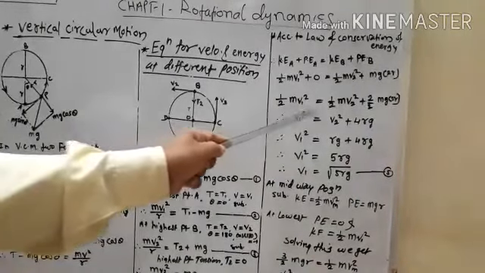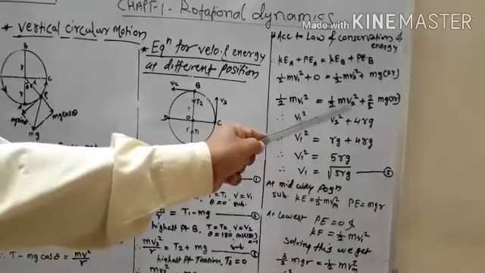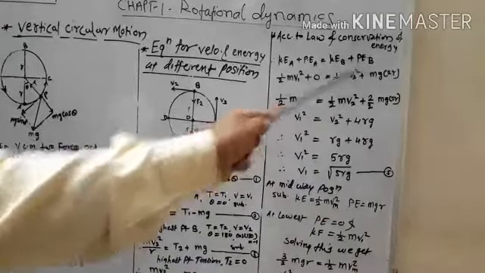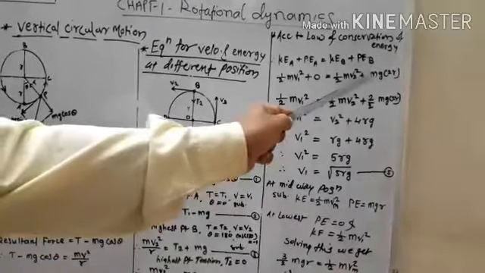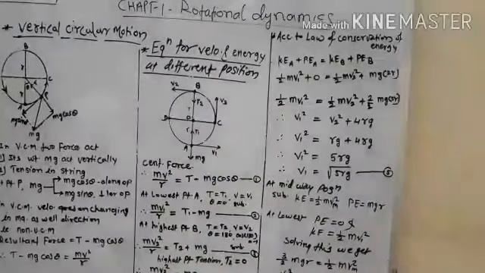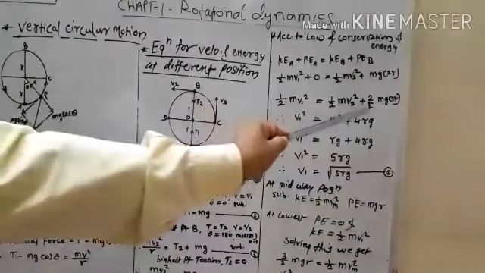Then we can do one rearrangement in mathematical steps. 1/2 mv1 square is equal to 1/2 mv2 square as it is. Here there is 1/2, here 1/2, but here there is no 1/2. Therefore, we can adjust by multiplying by 2 and dividing by 2.